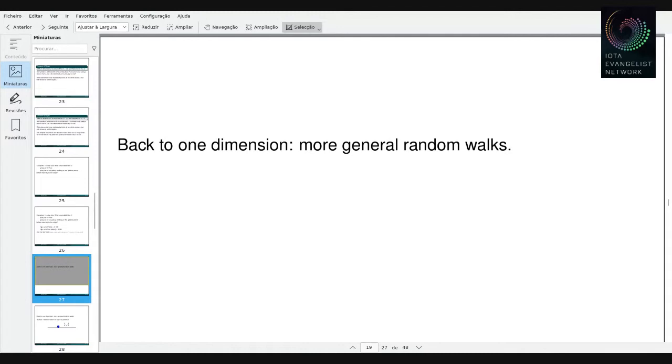Why do we do this? Basically because this is a very important model which helps us to study systems which have real world applications. You can study them through random walks.